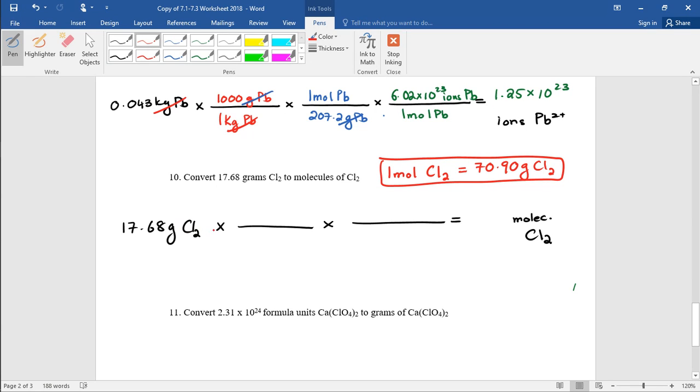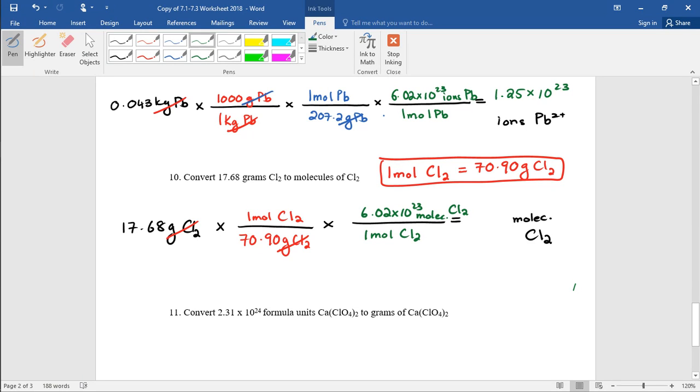Okay, so grams have to cancel out, so 70.90 grams of Cl2 on the bottom, 1 mole of Cl2 on the top. Grams cancel out. Then we need to go to molecules, so 1 mole of Cl2 on the bottom, 6.02 times 10 to the 23rd molecules of Cl2 on the top.